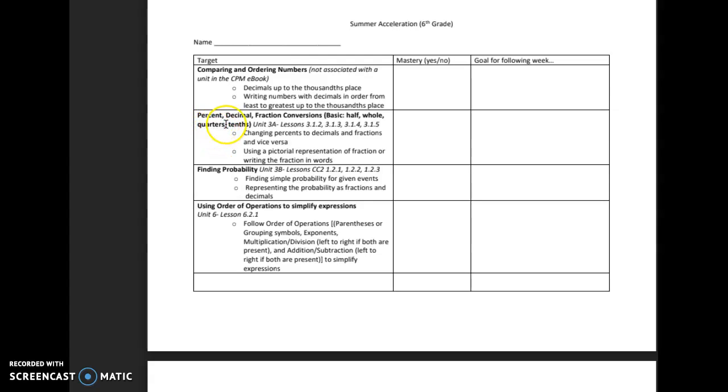So the next one is percent decimal fraction conversions. I'm going to take that pretest and see how I did. I'm going to write if I mastered that pretest or not, and then I'm going to set myself a goal. Which lessons do I need to probably work through? What type of problems do I need to work through in the learning and practice and Schoology? And then what week am I going to be doing that?